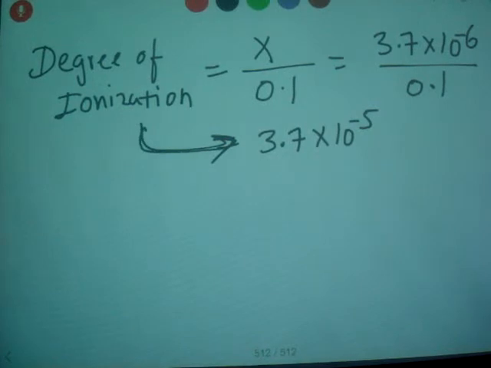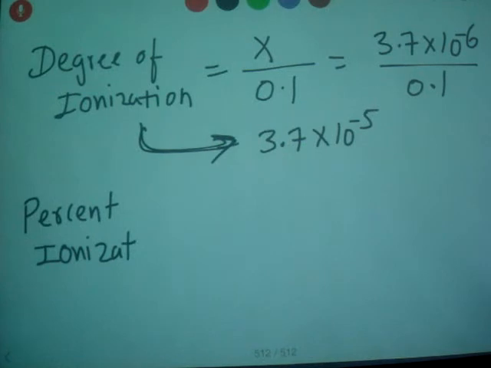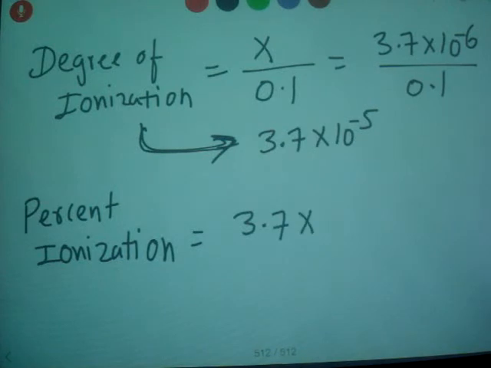And when you calculate percent ionization, you can say 3.7 times 10 raised to minus 3 percent. How do you calculate percent ionization?